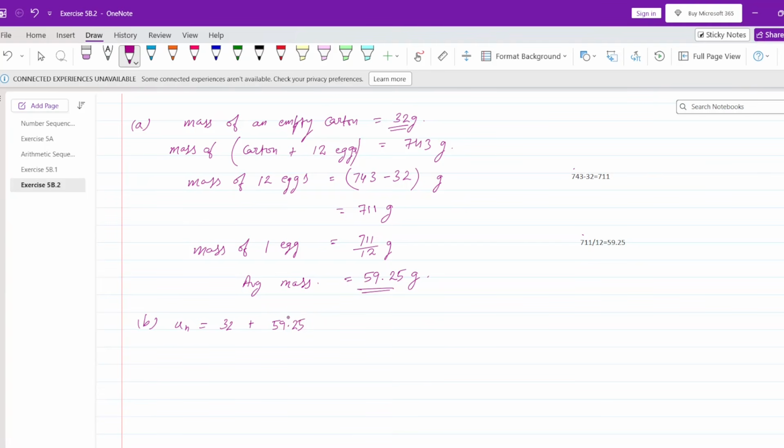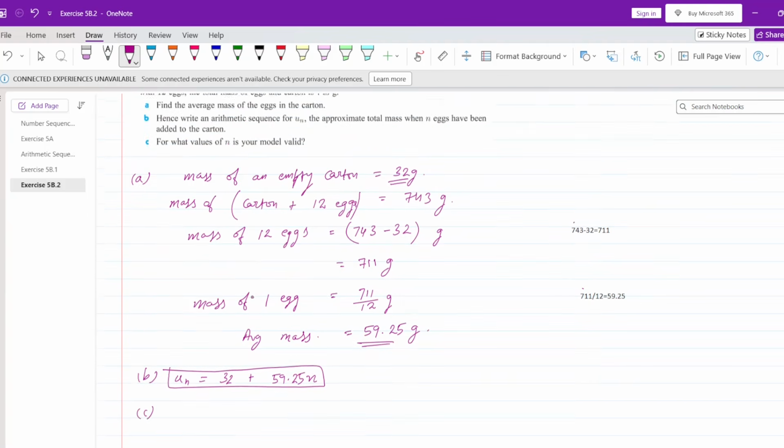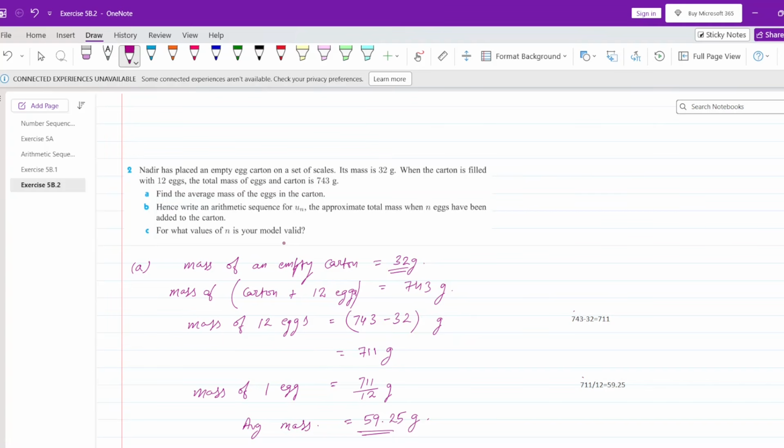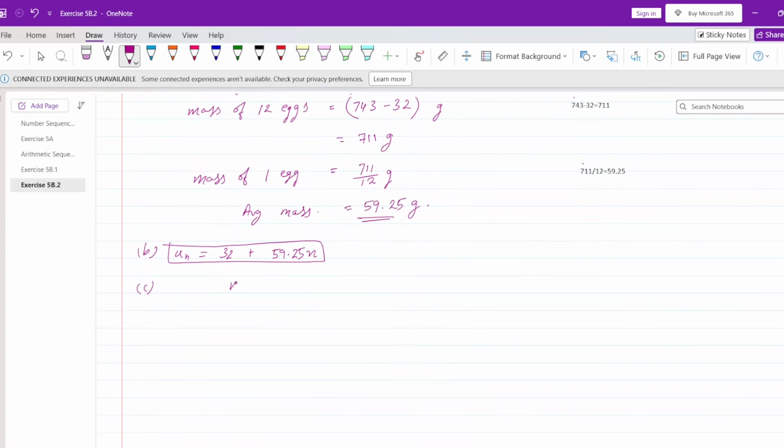And when we have n eggs, the weight will increase by this multiplied by n. So this is going to be the weight with n eggs in the tray. For what values of n is your model valid? So we know n is the number of eggs, and it has to be greater than or equal to 0 and less than or equal to 12, because a carton can hold only 12 eggs. That's the answer. Let's go to the next question.